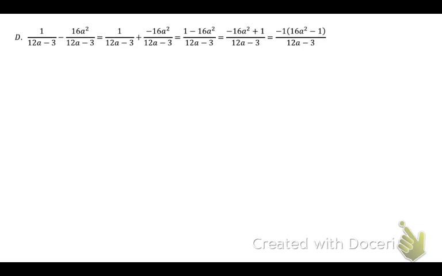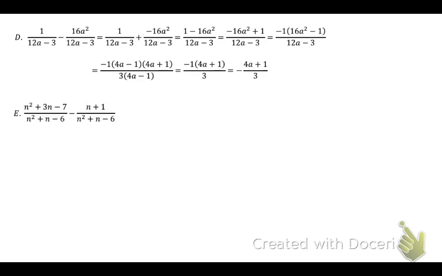So you get negative 1 times 16a squared minus 1. Now we're going to factor everything. So that's negative 1, 4a minus 1, 4a plus 1. And then on the bottom, we're going to pull out a 3. So 3 and 4a minus 1. Those 4a minus 1s cancel. And I'm left with negative 1 times 4a plus 1 over 3. And you can pull that negative clear out to the very front.